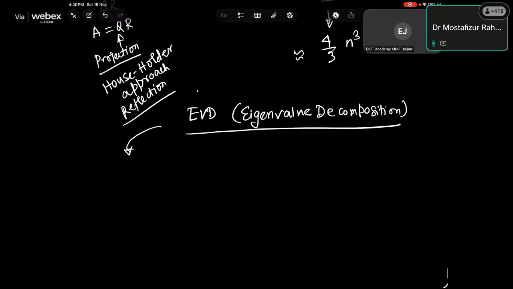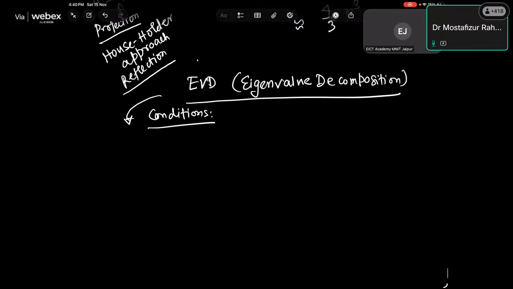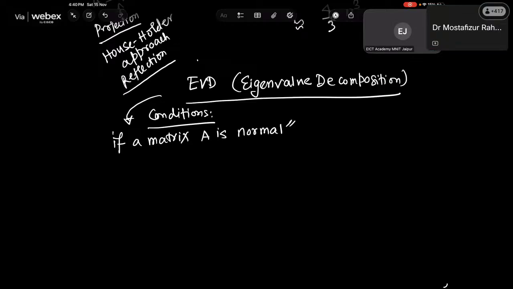Every best thing always has conditions. So the condition for eigenvalue decomposition: in general, for any normal matrix, if A is normal, EVD exists.